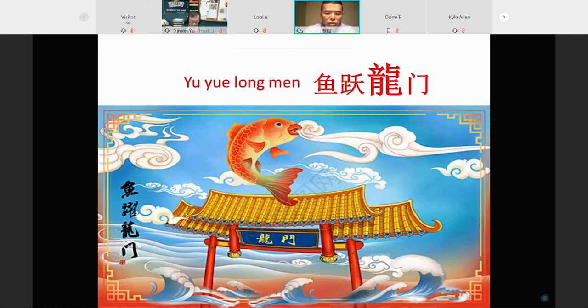And in the story, after the successful leap, the fish transforms into a dragon. As a blessing, it gives a wish of success in your career, or a wish for a status promotion, from a fish to a dragon.